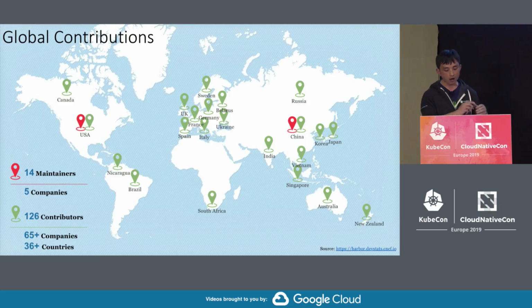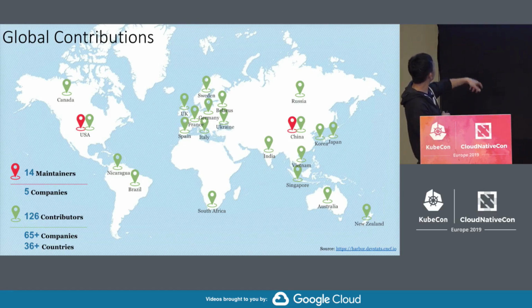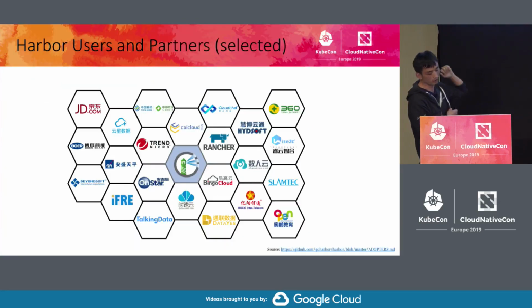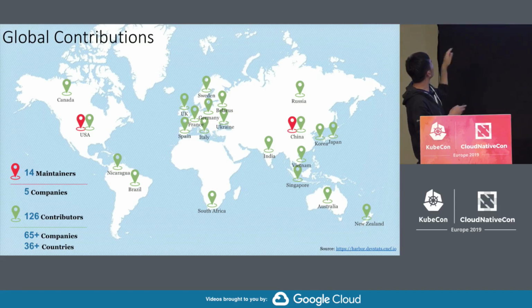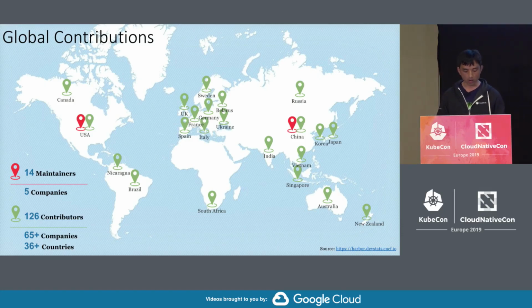They are located all over the world, across 65 companies and 35 countries. We also have 14 maintainers now. Those 14 maintainers are from 5 different companies. They are mainly located in North America and Asia Pacific.